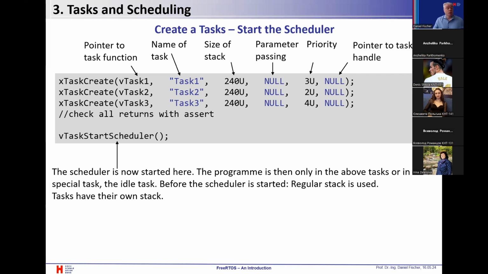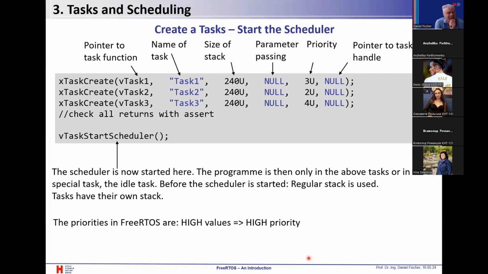And here the scheduler is started, and tasks all have their own stack. What we should know, and it's very important, is that the priority here is how humans think: high values mean high priority.